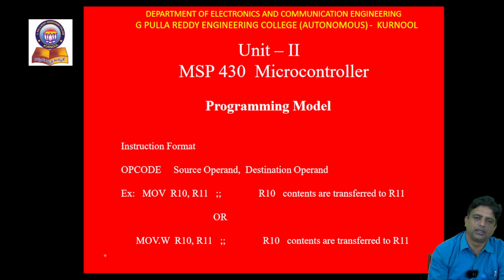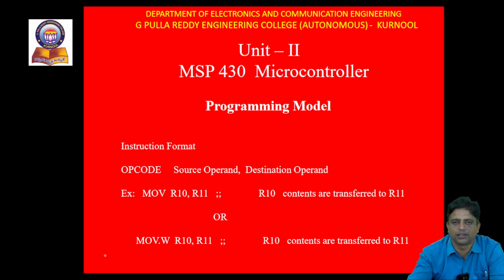So an example representation is given there as move R10, R11. The conditions are in general with respect to any other microcontroller. General things that happen we see is source will be on the right hand side and destination will be on the left hand side.